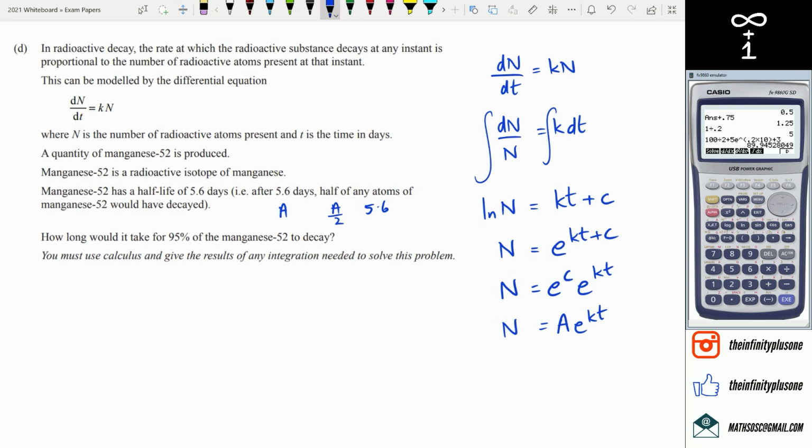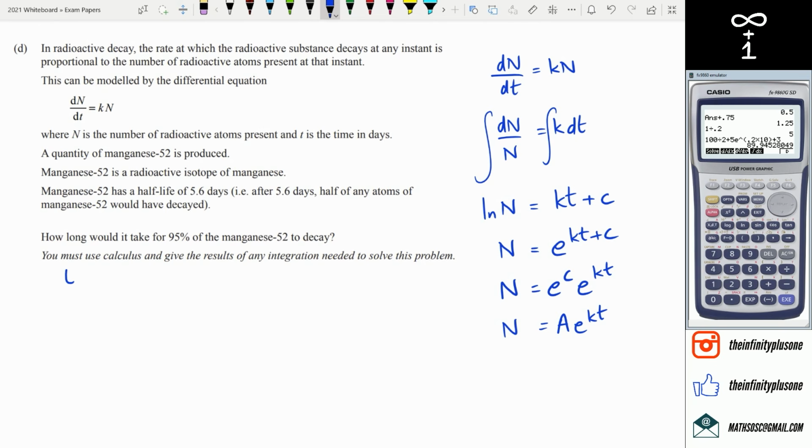Now, we don't know how much amount we have, but we know that 50% of the amount is going to disappear after 5.6 days. That's what I meant by the A over 2 and 5.6 idea. So think about it like this.